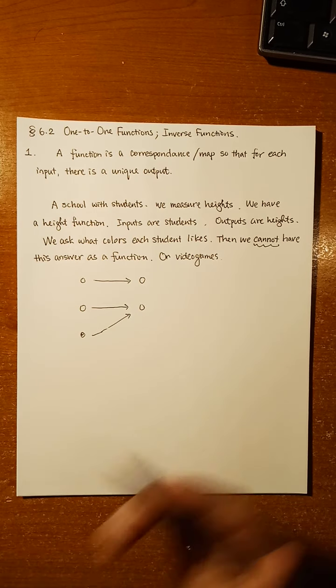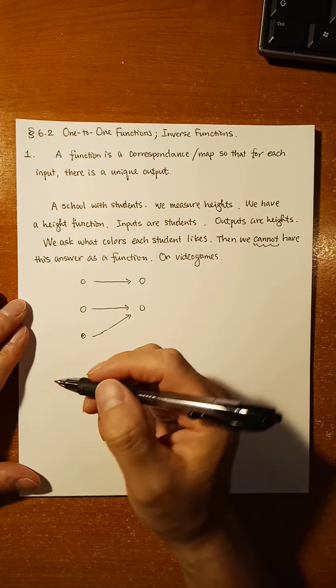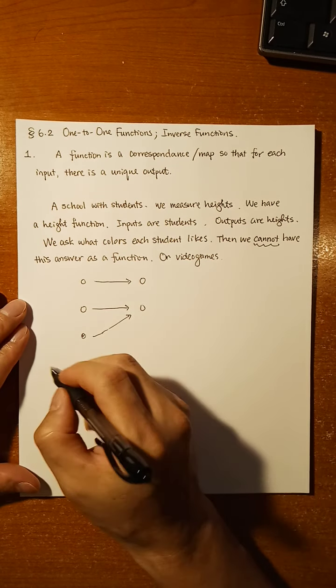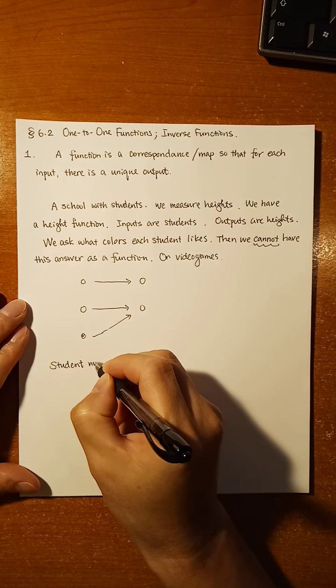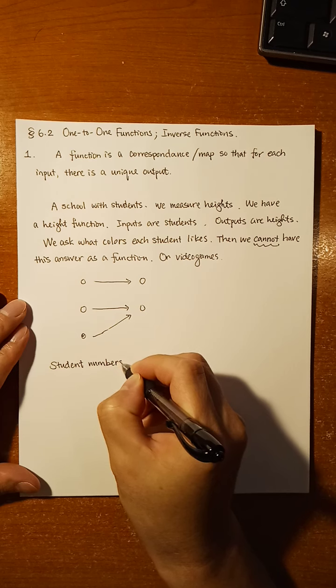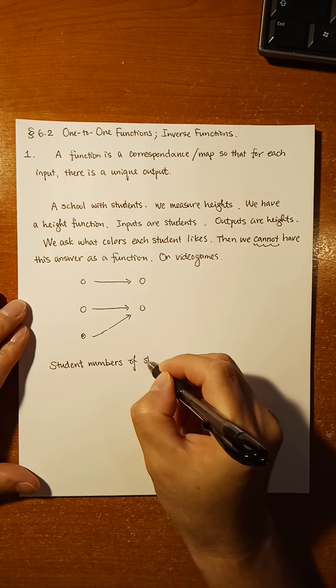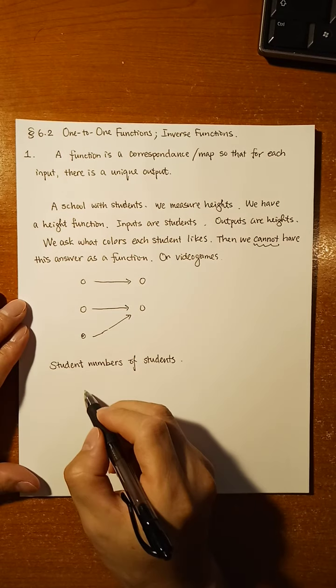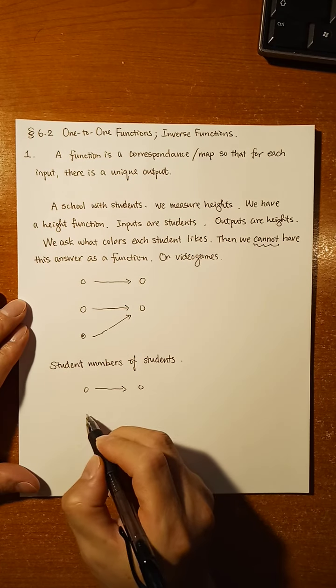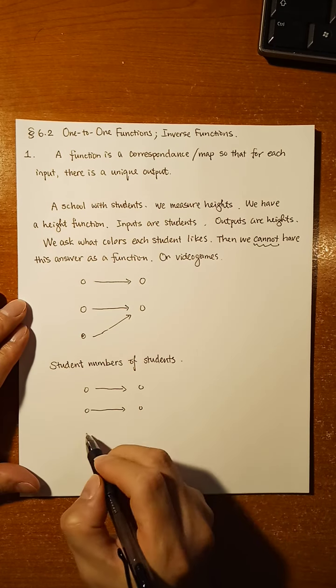There's another example: what is a student number? For each student, you will have a unique number.